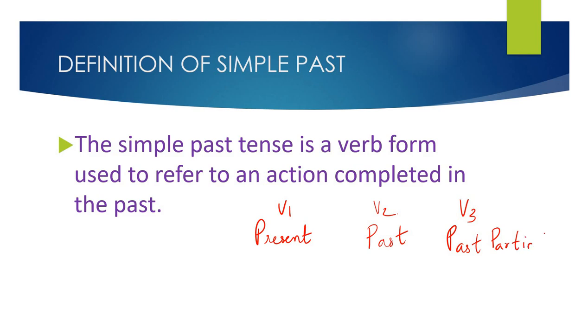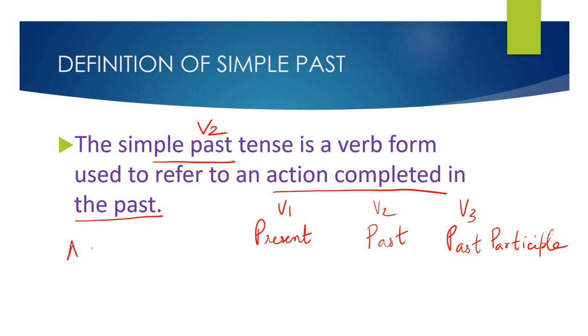So these are the three forms of the verb that we have learned. And in simple past, we use the V2 form of the verb. So simple past denotes V2 form of the verb and it refers to an action that completed in the past.